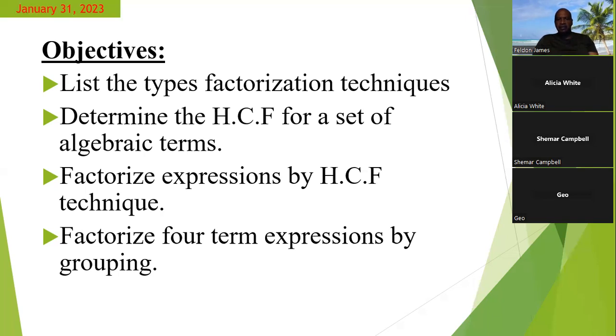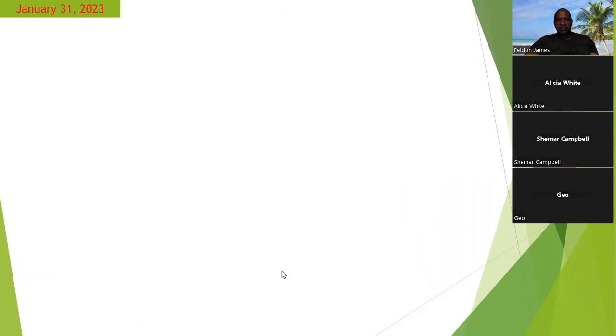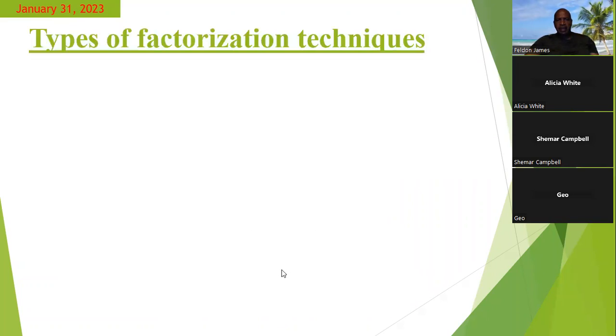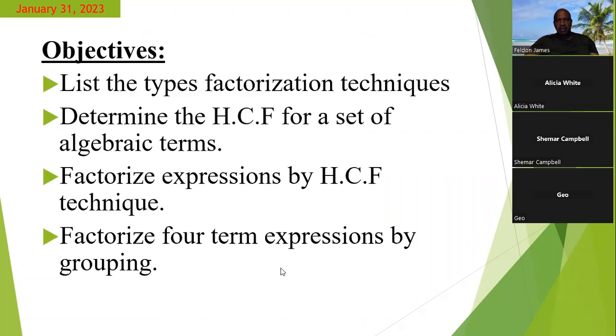You should be able to factorize expressions by HCF techniques. You should be able to factorize four-term expressions by grouping. And in addition to that, which I did not mention here, you're supposed to be able to factorize quadratic expressions as well.